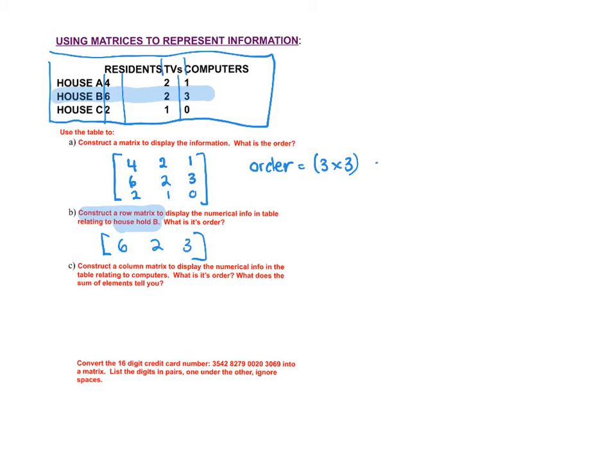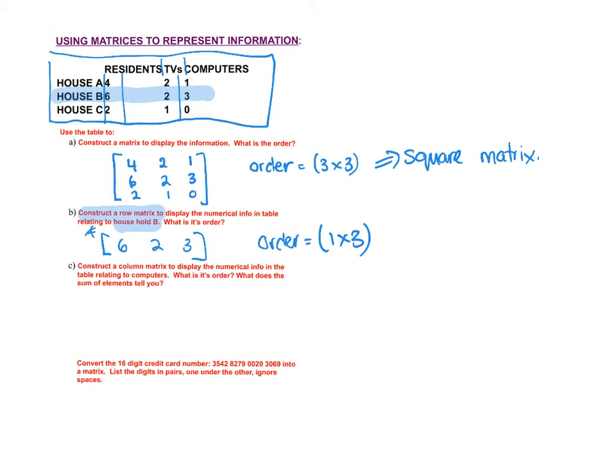Yep, excellent. That's what someone just said. This is a square matrix because it has the same amount of rows and columns. This one is a row matrix because its order is, what's this one's order? 1 by 3. Good. A row matrix would begin with 1 because you only have 1 row.